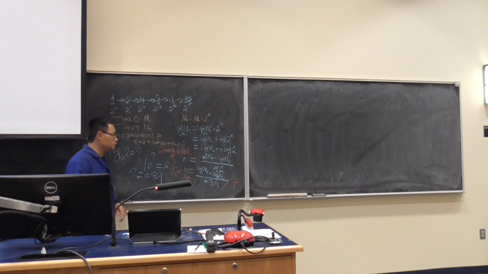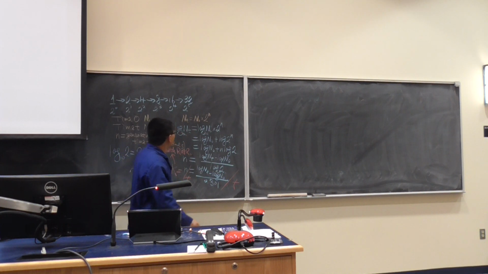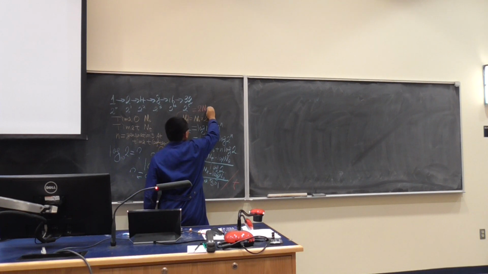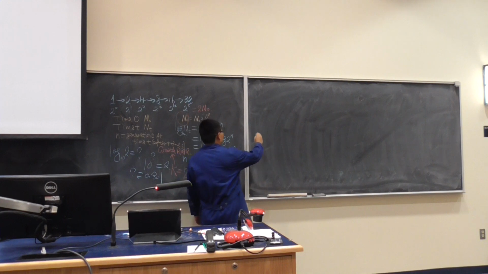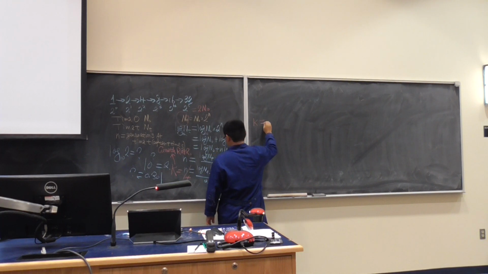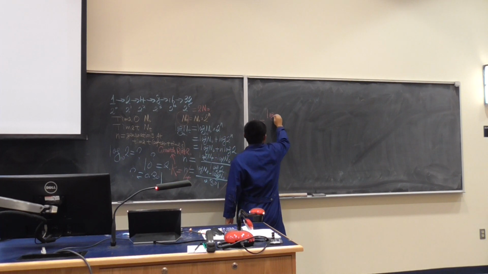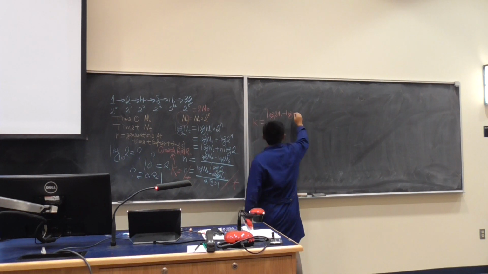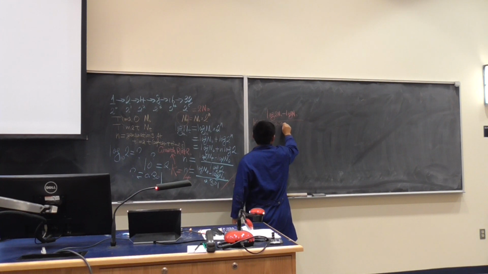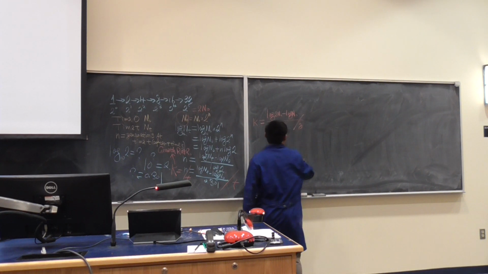Now then, how are we going to do the doubling time? Doubling time, this Nt becomes 2N0. Is that right? So, how are we going to do the doubling time? Let's say this k becomes log 2N0 minus log N0, then divided by 0.301 times g.